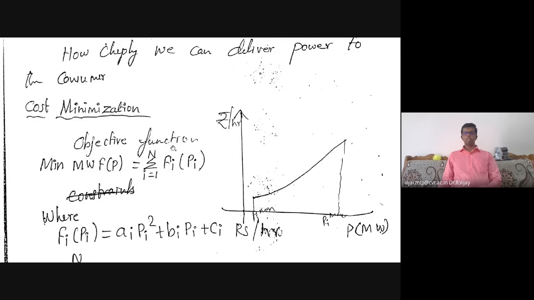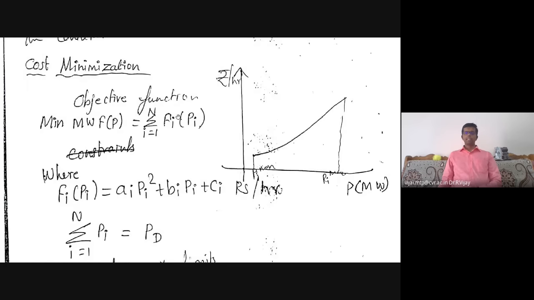Say, for example, for a one-day dispatch you are taking only thermal generating units, and it might involve 10 thermal generating units. So n is equal to 10, and we need to add F1 of P1 plus F2 of P2 up to F10 of P10.